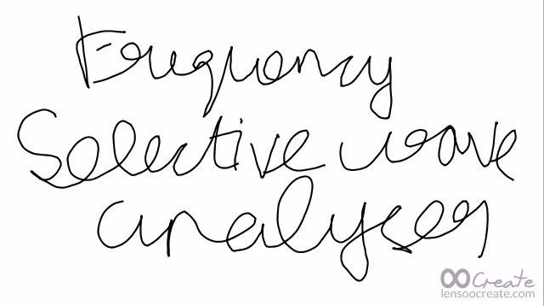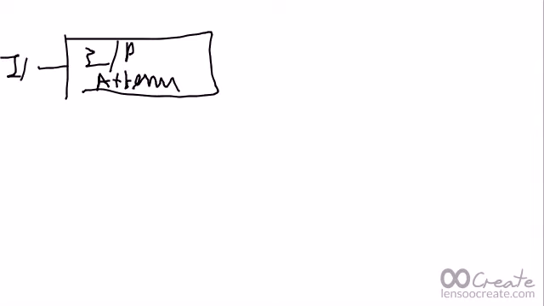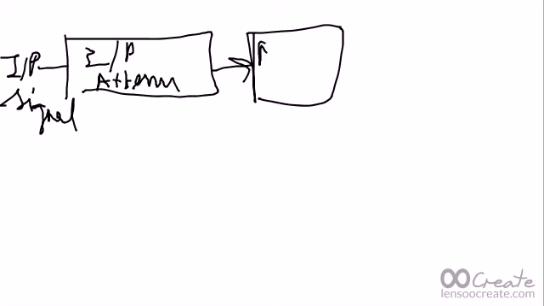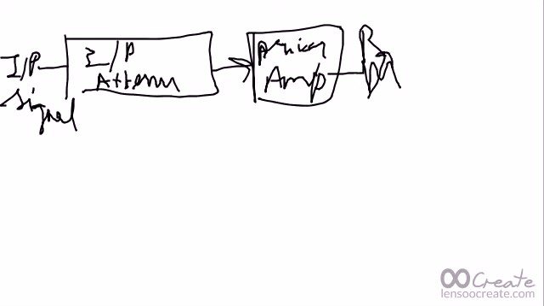First I will draw the block diagram of the frequency selective wave analyzer. This is our input attenuator. The input signal is supplied to the input attenuator. Then it goes to the driver amplifier. Then there is a variable resistor.